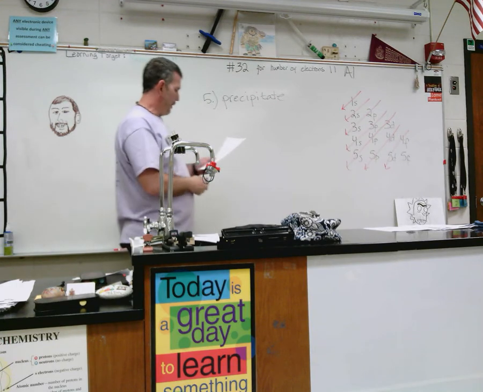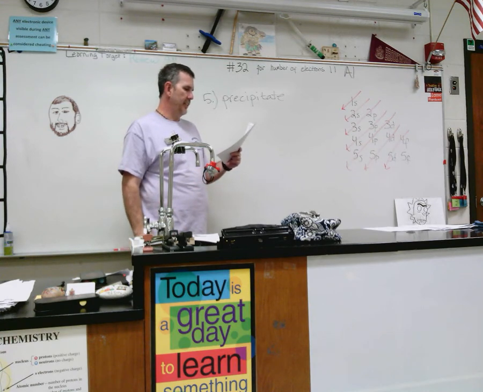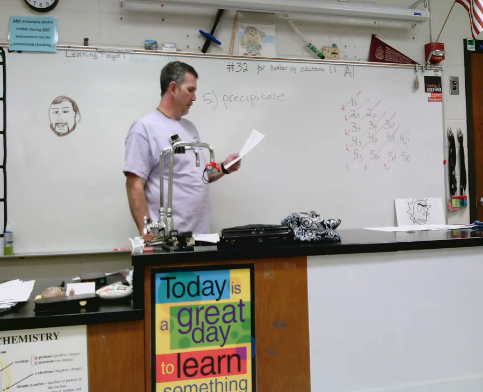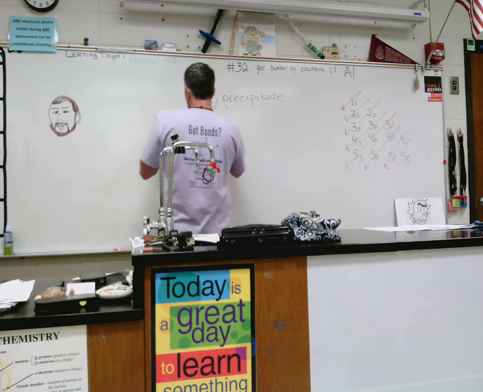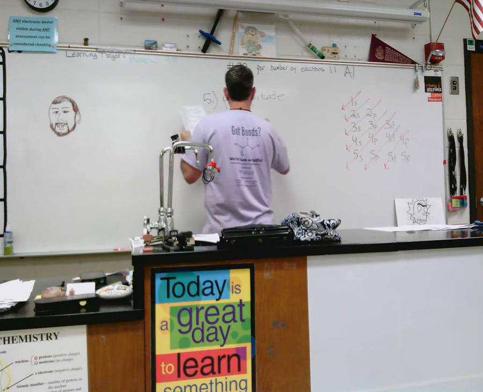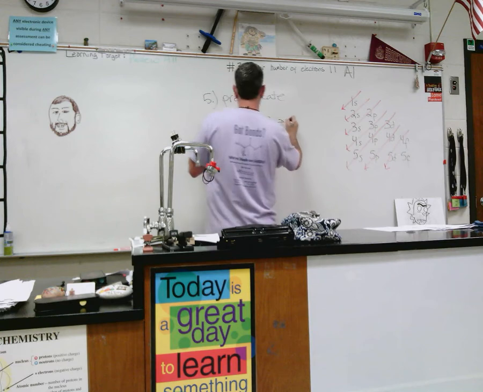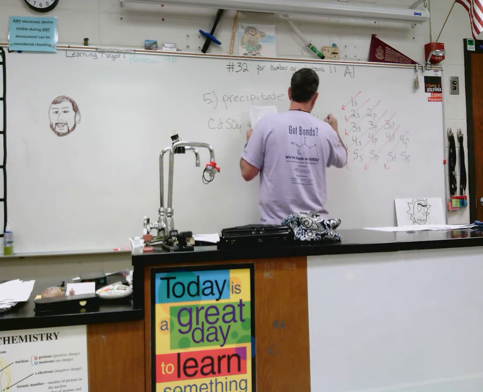So 5 is precipitate. 6, by looking at a balanced chemical reaction, how can we tell that a reaction took place? For example, given the reaction CdSO4 plus K2S goes to CdS plus K2SO4.